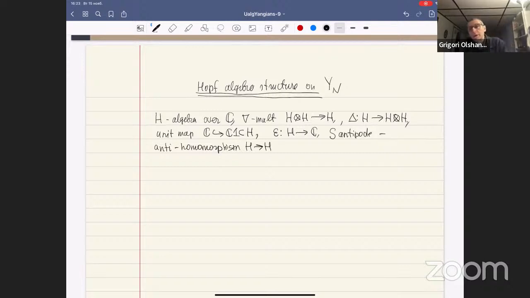There are some natural axioms which relate all this data. The main axiom is that the co-multiplication is an algebra homomorphism.